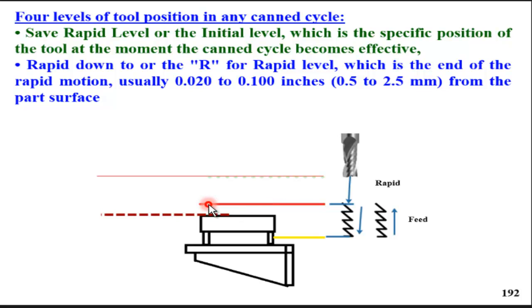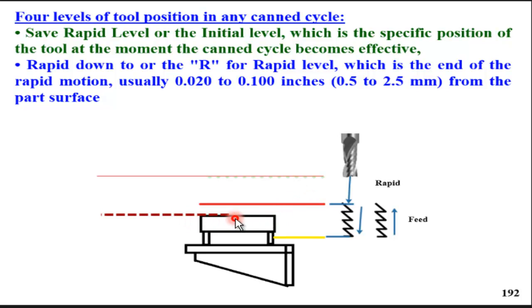Normally that level is your choice, your selection. Of course, every level is your selection. But normally we select this rapid level 2.5 millimeters above the surface of the workpiece.